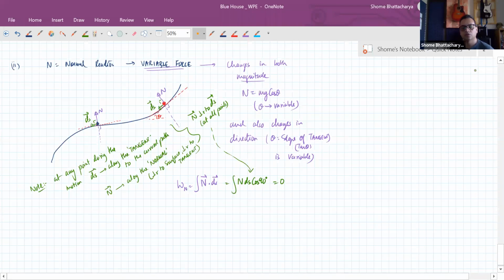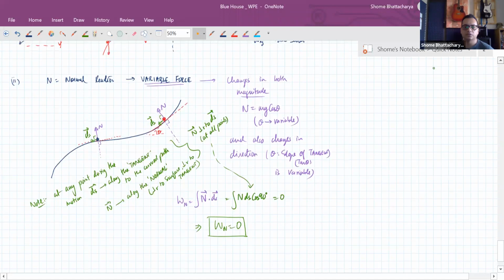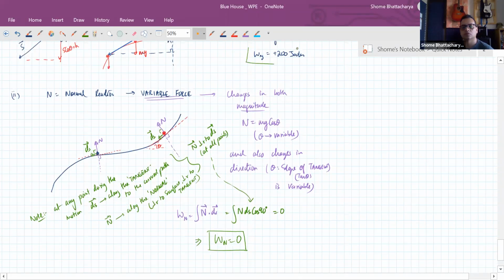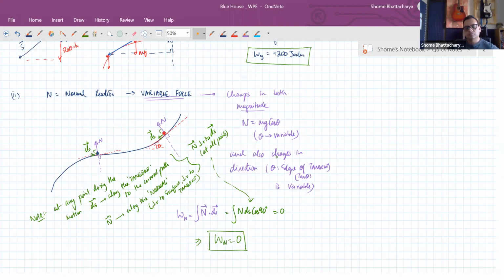So finally, work done by normal reaction is zero, whereas gravity is doing positive work of 200 joules, or more importantly, mgh.